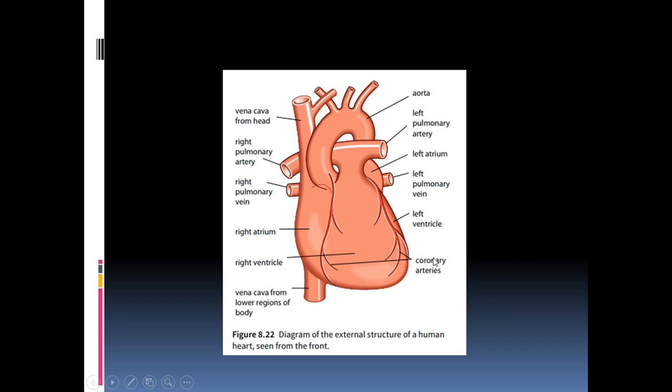These are blood vessels that branch out from the aorta and go to the heart itself, because the heart is made up of living cells, and therefore they need oxygen as well. So there must be blood vessels that go into the heart to supply those important nutrients and oxygen, and those blood vessels are known as the coronary artery.